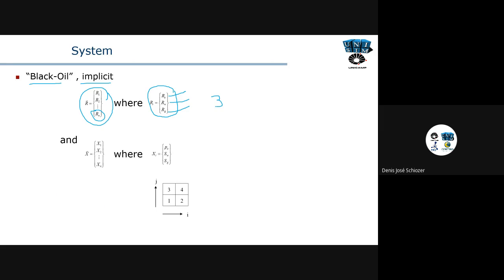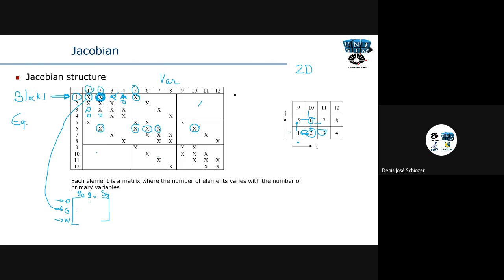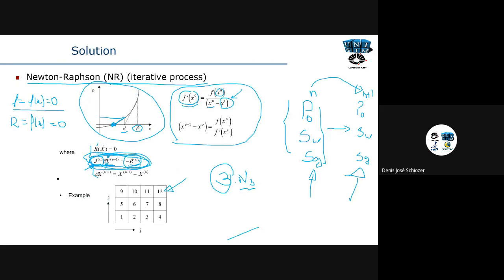So in our example, we have 36 residuals, because we have 12 blocks times 3 variables, and 3 equations to solve. And our vector of unknowns is given by x here, where every x is a vector of pressure and saturations. So again, if we have 12 blocks and 3 variables, we are going to have 36 equations and 36 variables. And we are going to solve this system every iteration for 36 variables, okay?